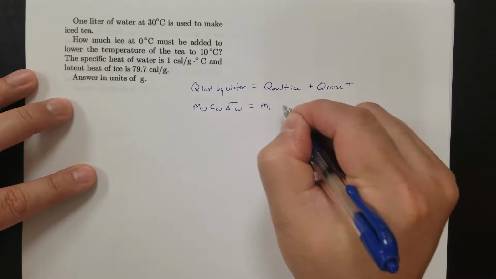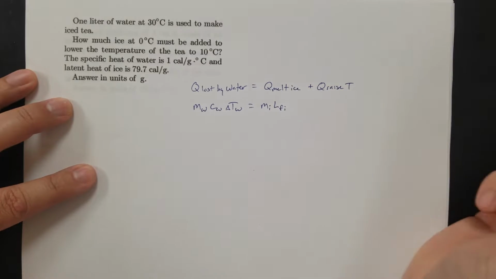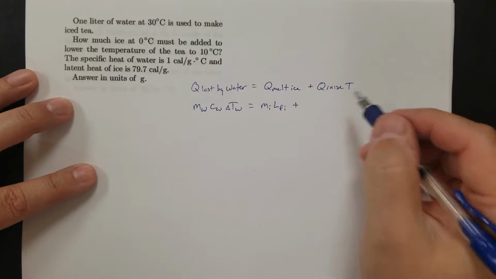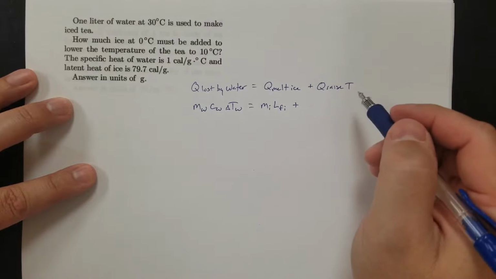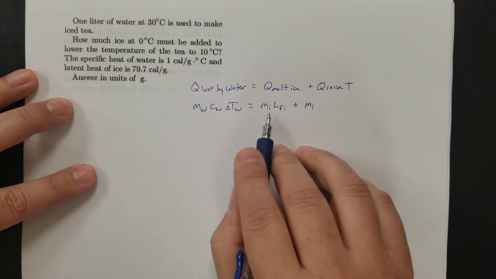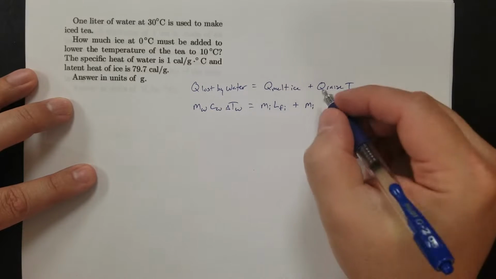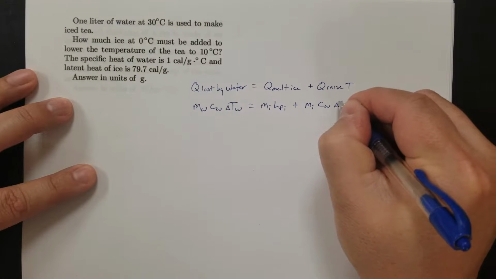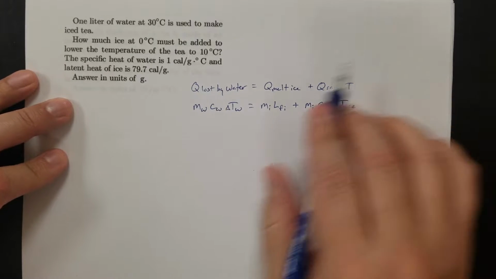So that's the mass of the ice times the latent heat of fusion of the ice, plus the heat to raise the temperature of that melted ice from 0 to 10 after it's melted. So it's still the mass of the ice, because I put this ice in, it's going to turn into water. So the mass of the ice that turned to water times the specific heat of the water times the delta T of the ice.